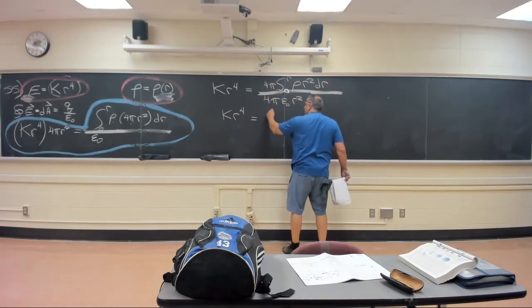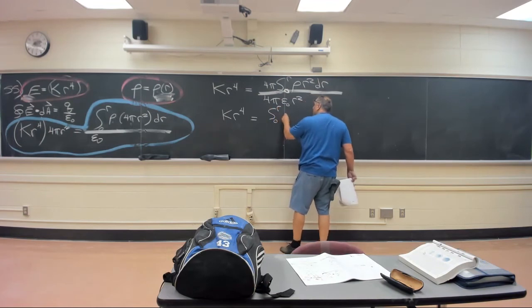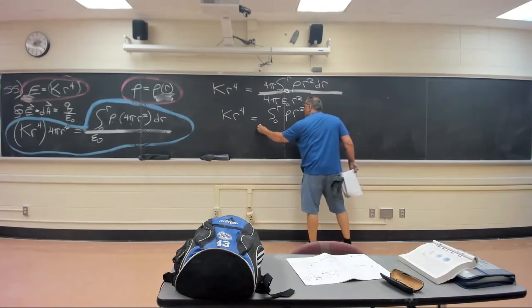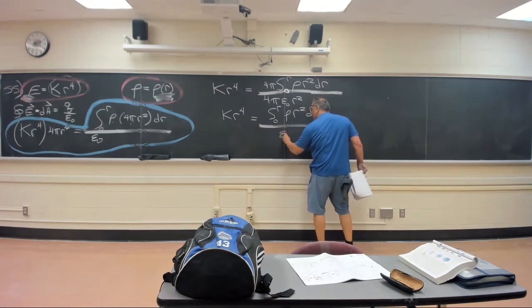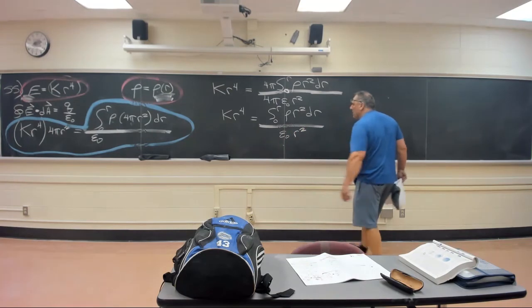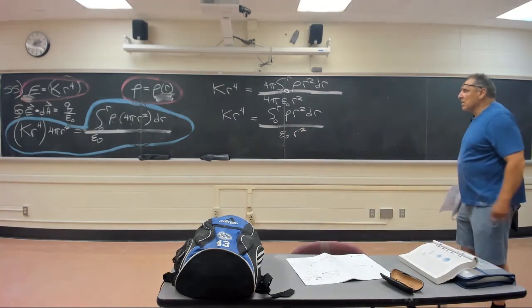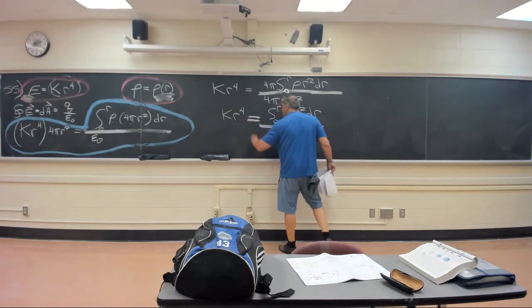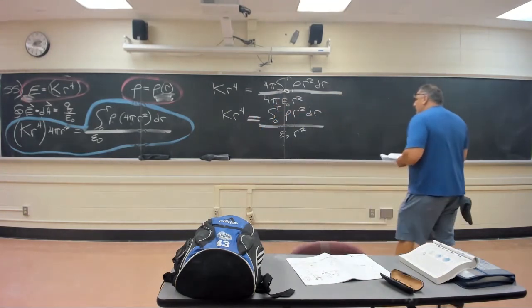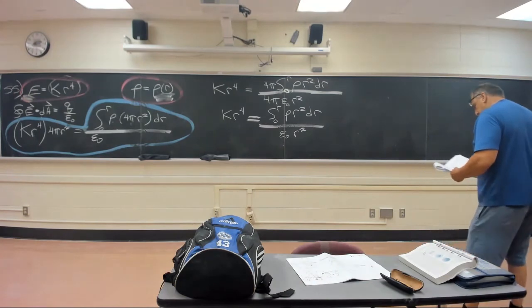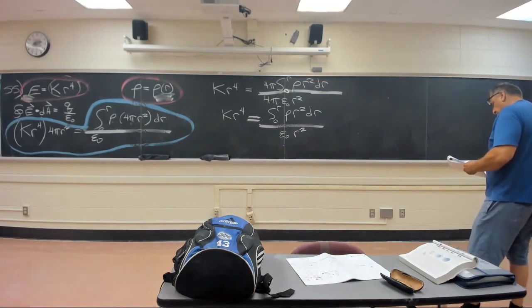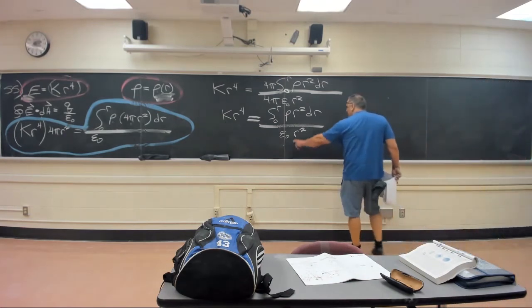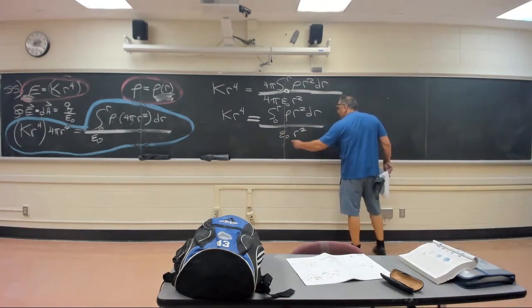4 pi and 4 pi cancel out. Yeah, true. We multiply on each side by epsilon naught r squared.